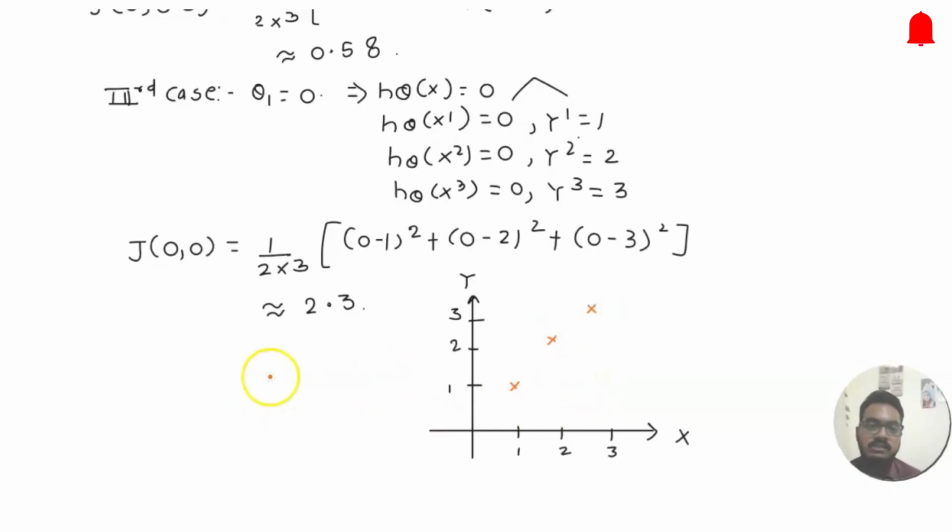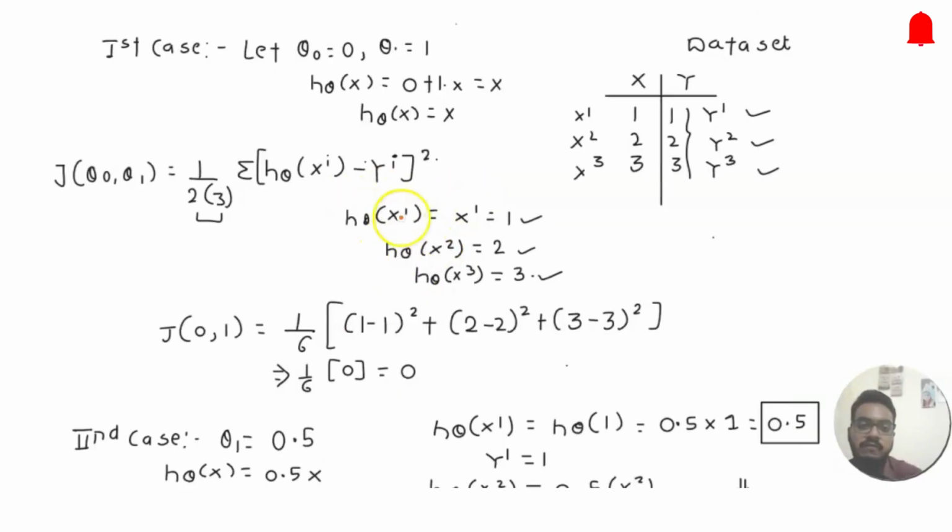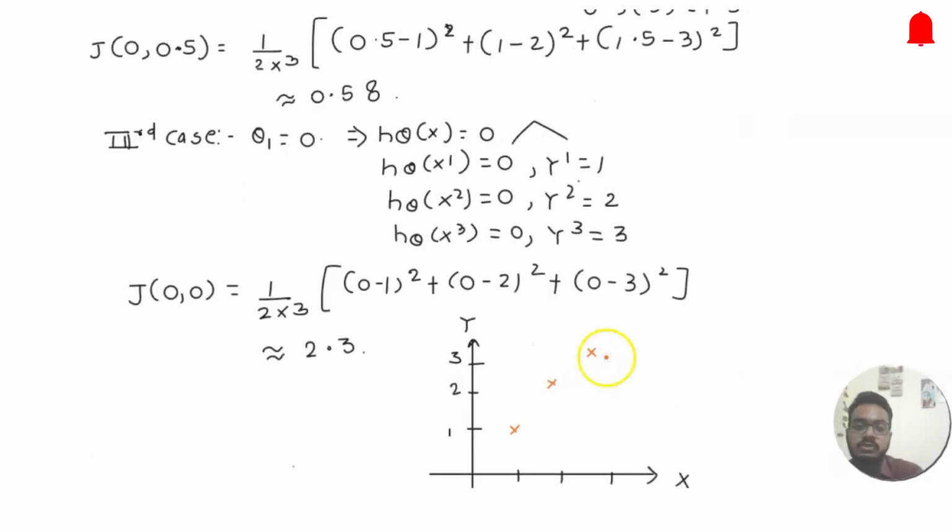In the first case, h theta of x was just equal to x, and we got the distance as 0. So this will be the line, and we know it will pass through the origin. All the points will be lying on this line. Correct? This point will also be lying on this line. So this was our first case.